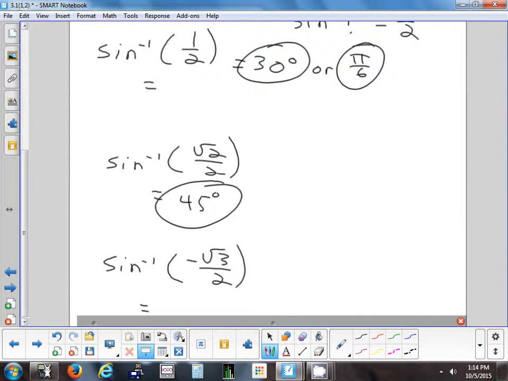Okay, and last one for sine. Okay, the sine of what angle would give me negative root 3 over 2? You're finding that question mark. And don't forget, there is a negative in front of that.